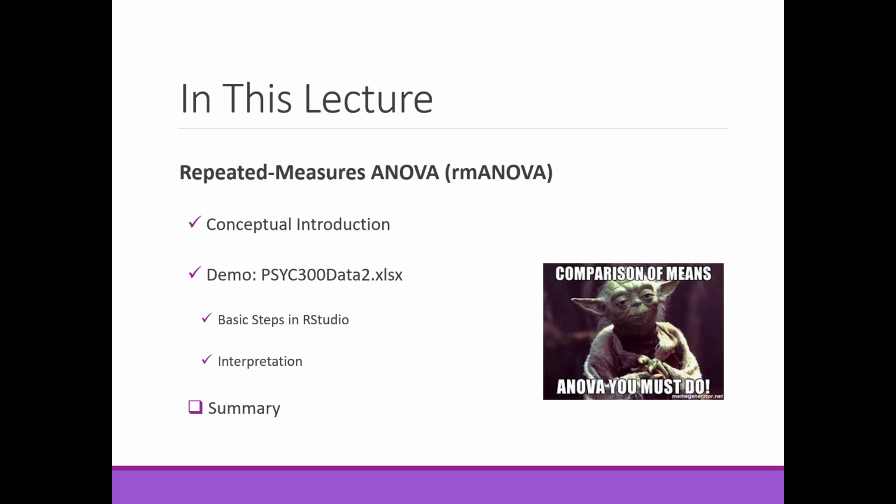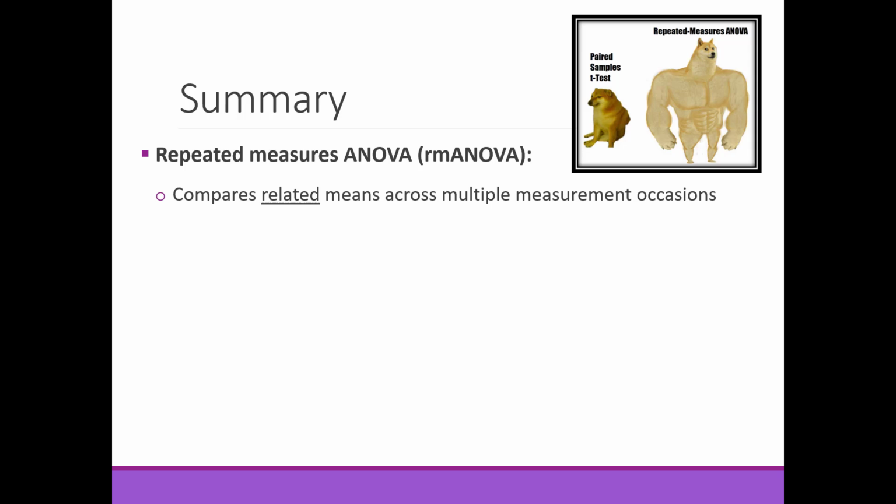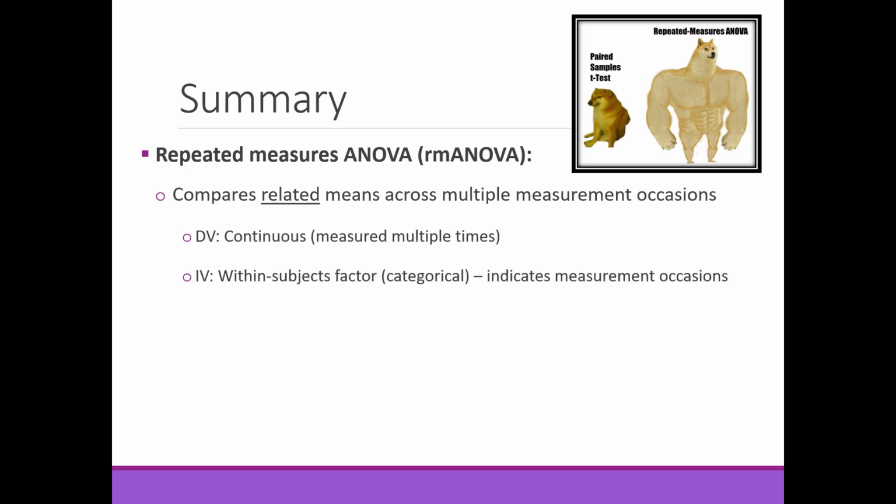All right, and so you have done a great job learning about repeated measures ANOVA and how to run it from start to finish. We've covered a lot of ground, and so let's do a quick summary. And so what repeated measures ANOVA does is to compare related means across multiple measurement occasions. And so the dependent variable is continuous and is measured multiple times.